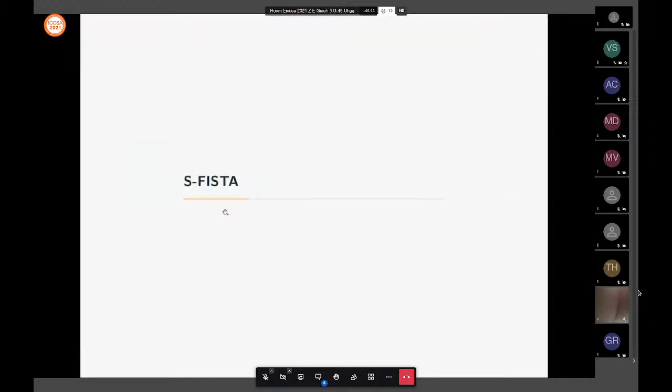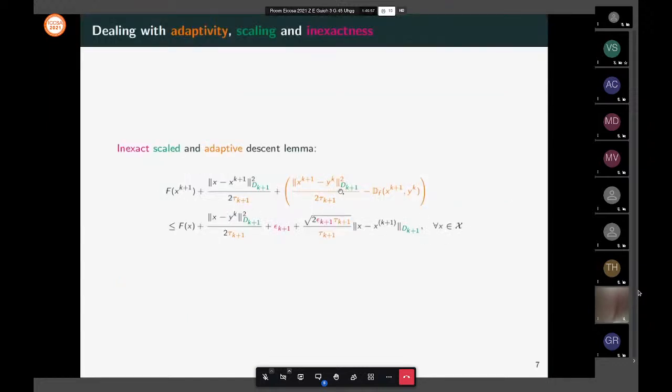So let me just show you the main tool that we use to prove our convergence results. This is the standard version of the descent lemma that combines, with different color codes, the different ingredients I've mentioned so far. So inexactness is encoded here in terms of some errors that accumulate when you iterate this inequality.